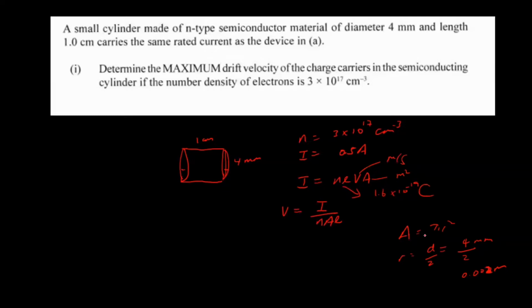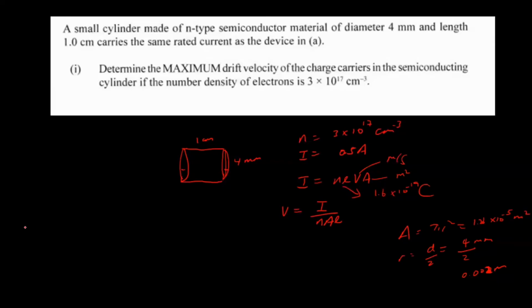So that's r. Once you find r, you can substitute that into the area equation, pi r squared, and that pans out to be 1.26 times 10 to the negative 5 meters squared. Having said that, we now have the area.